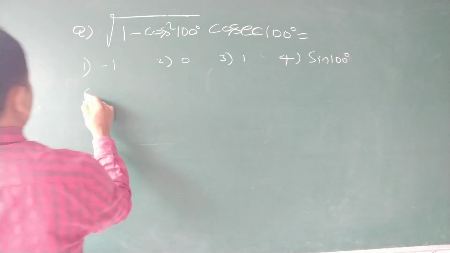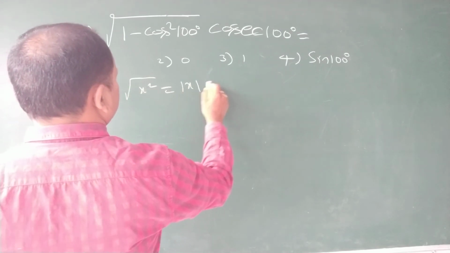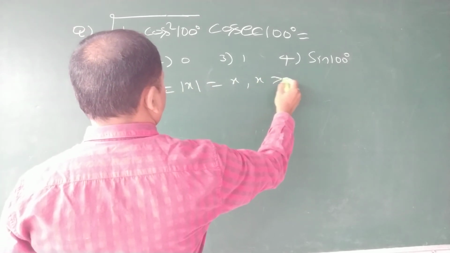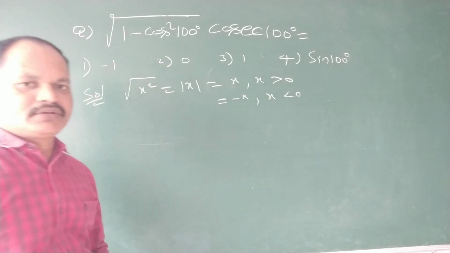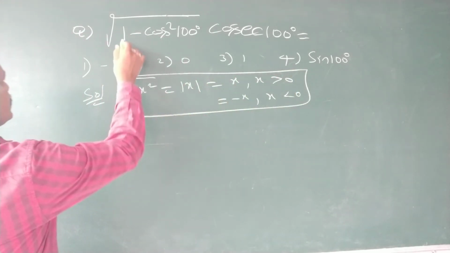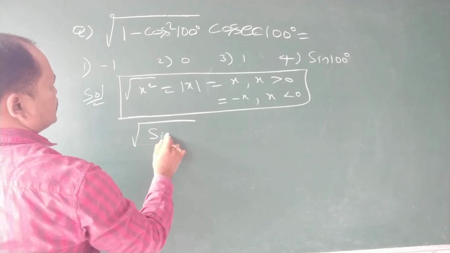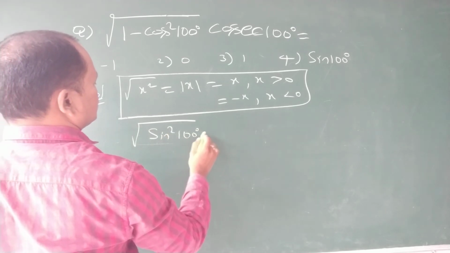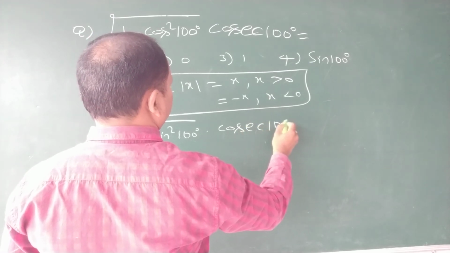So we know the concept, root x square gives mod x. It is x when x is greater than 0, and minus x when x is less than 0. According to this concept, square root of 1 minus cos square 100 is nothing but sin square 100, into cosecant 100 degrees.